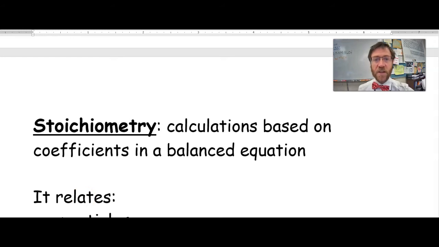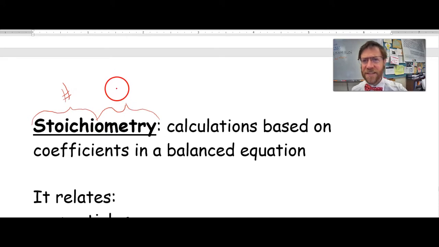First things first, guys. Stoichiometry. What is it? It's what we're going to be talking about today. It's basically calculations based on coefficients. The word stoichiometry, this part, the stoichi, just means numbers. And then ometry is the study of or working with.